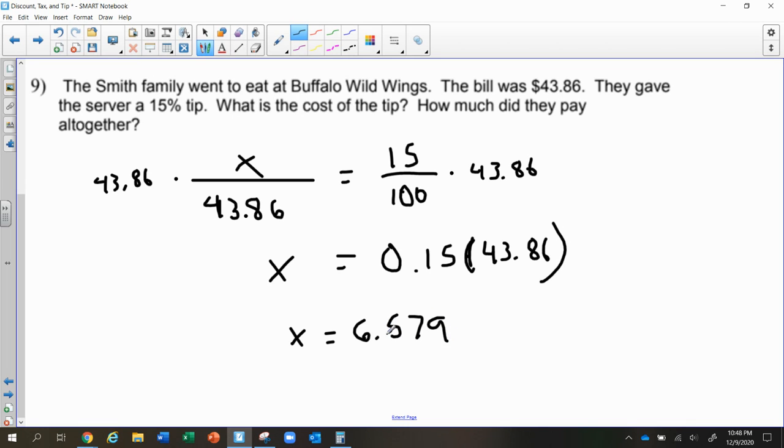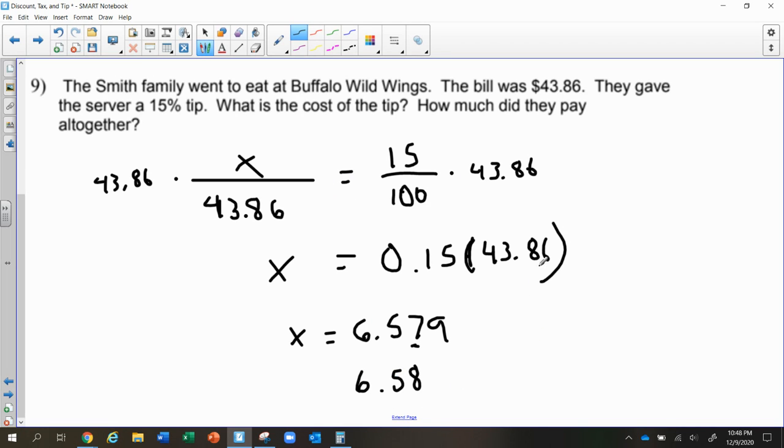Now, just like the last one, this has more decimal places than dollars and cents, so I'm going to have to round. So this is 57 cents, but my next digit is 9, so I'm going to round up to the next cent, which is 58 cents. So my tip is going to be $6.58.